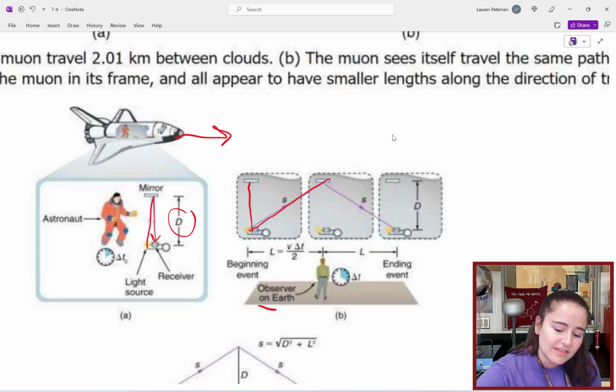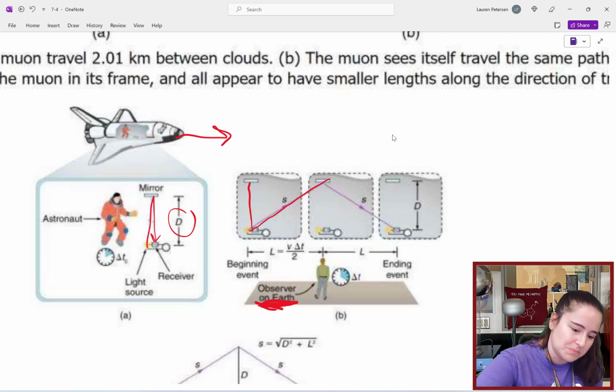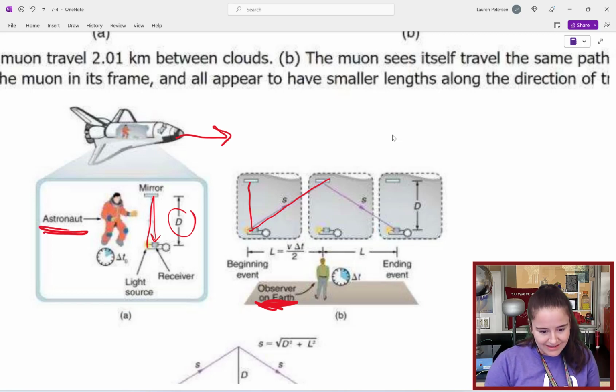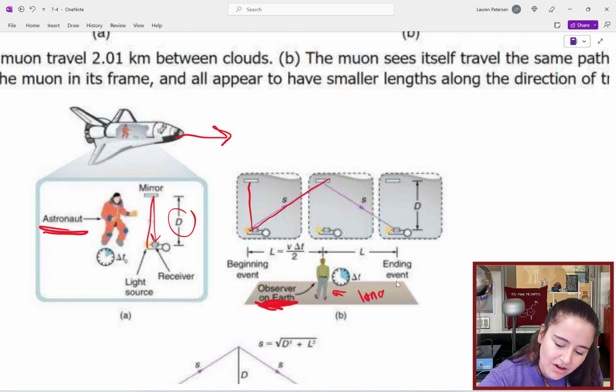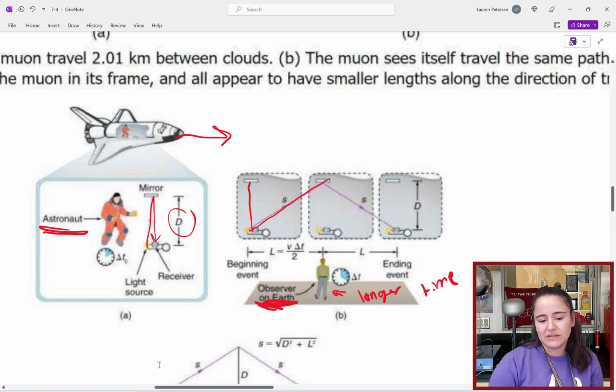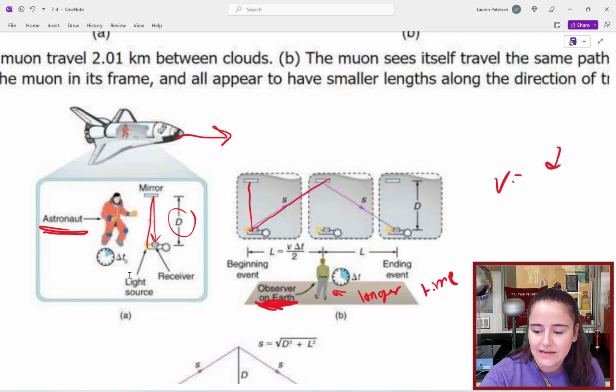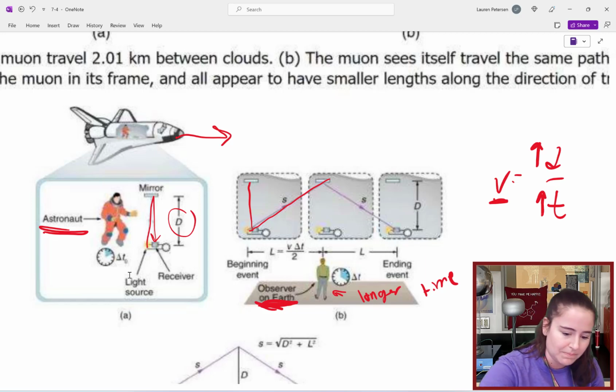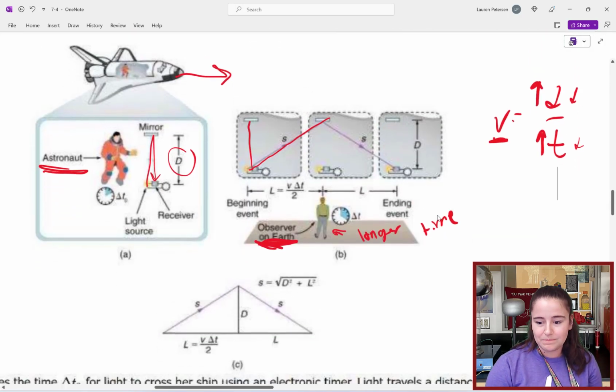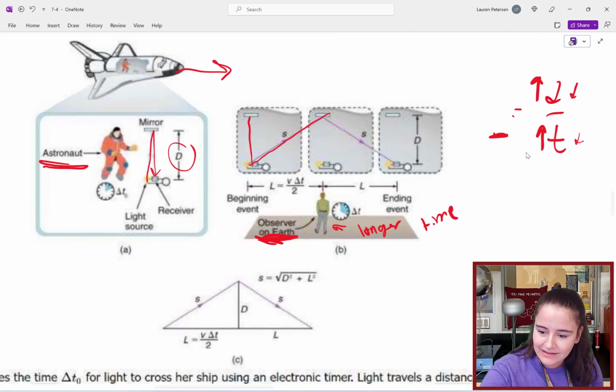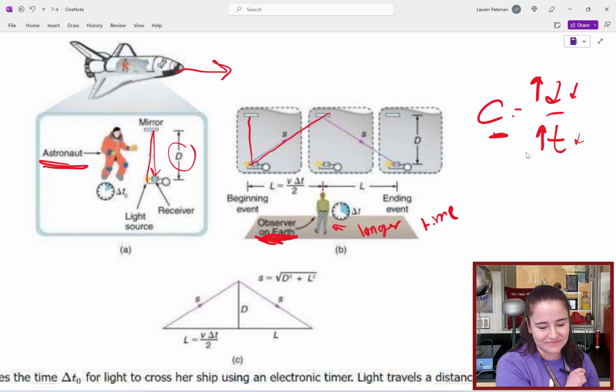And since this observer on Earth has to agree with the speed of light for this astronaut, their times are different. This one sees a longer time between those two events, the light being shined and the light being received. For the astronaut, the speed is the same, and speed is distance over time. So if we have a longer distance, it's going to seem like a longer time. This one is a shorter distance, so it seems like a shorter time, because it is the speed of light, c, that is constant.